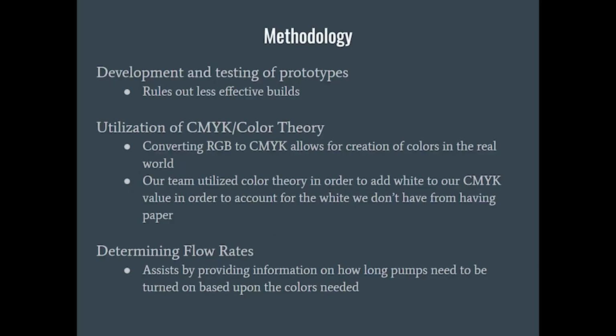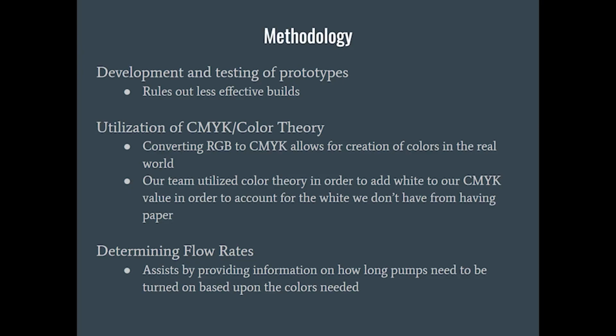All right, so going into a little bit more detail on what our code does, we start off with all the values we're getting in RGB form. So we need to convert those into the CMYK that our project is based on. We have equations that map the RGB values to CMYK values to create the colors in the real world.